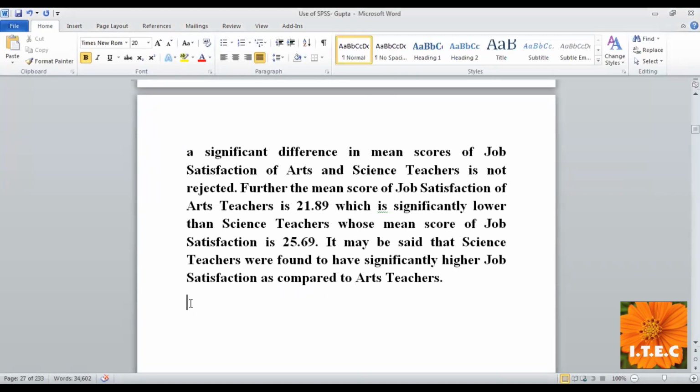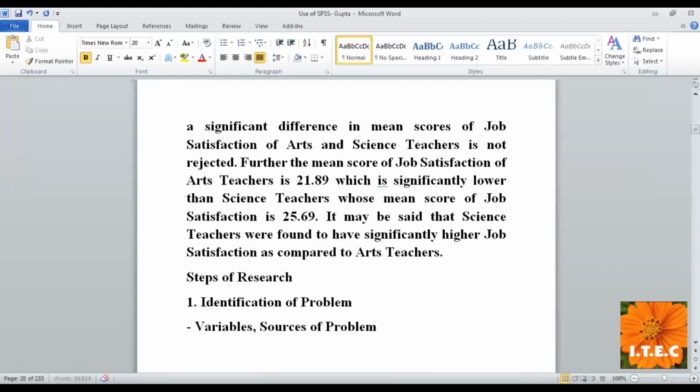So under the steps of research, I have given you the first one, identification of problem. And under identification of problem, I have talked about variables, sources of problem. Then I have talked about title, how exactly title has to be written.